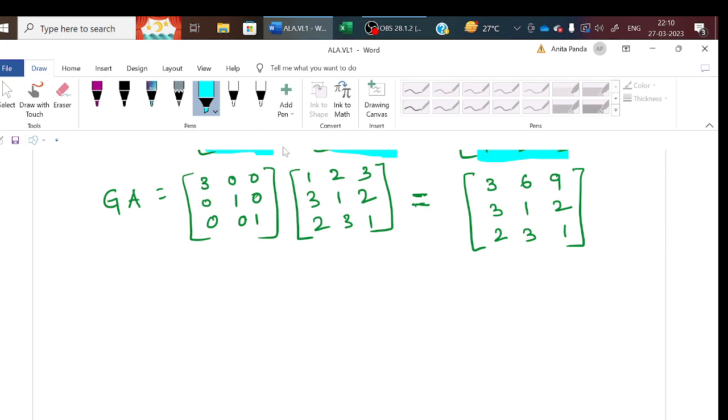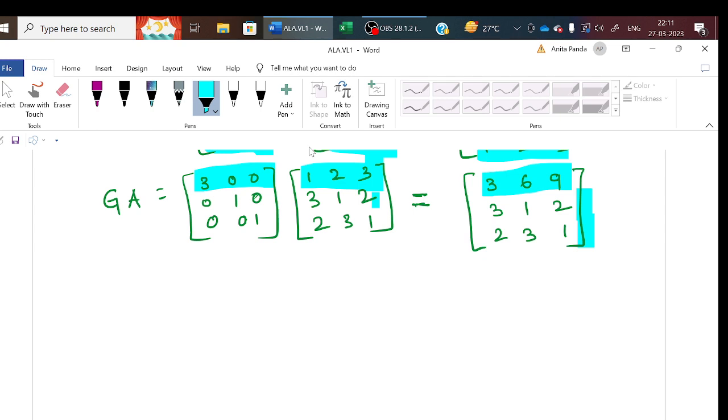So to get this matrix, I multiplied the first row of the identity matrix by 3 to get G. Now, when G is multiplied from the left, what will I get? Observe, this is my first row. It is multiplied by 3. So it is 3, 6, 9. The rest all remains the same.